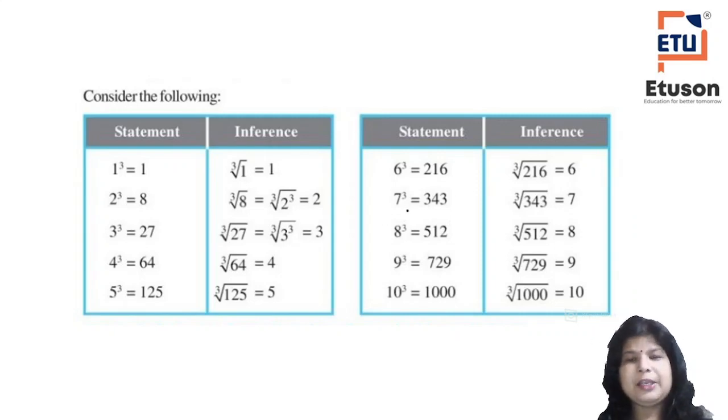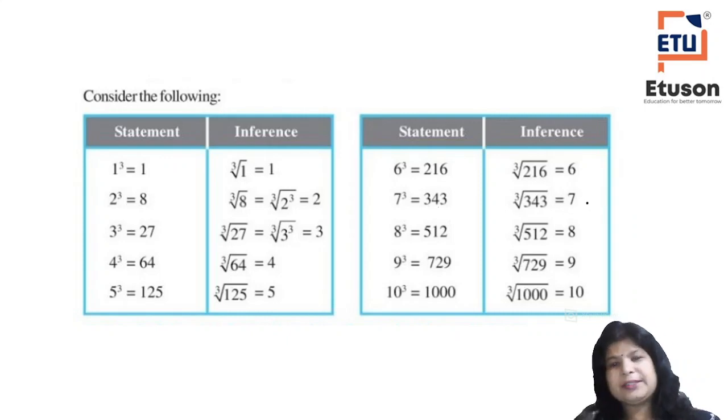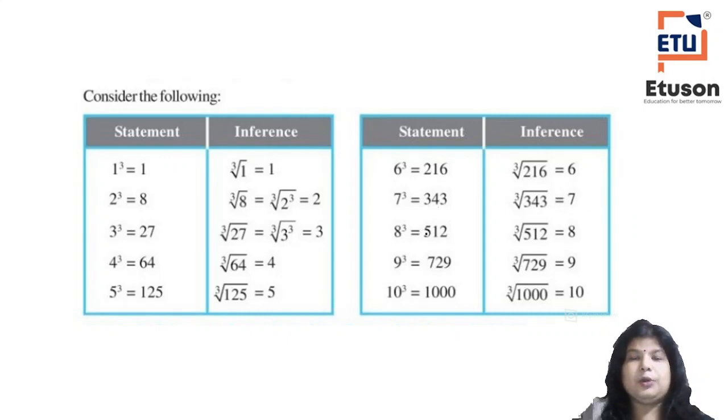Okay. 7 cube is equal to 343, so cube root of 343 will be equal to 7. 8 cube is equal to 512, and the inverse of this, that is cube root of 512, will be equal to 8. 9 cube is equal to 729, so cube root of 729 will be equal to 9. 10 cube is equal to 1000, so cube root of 1000 will be equal to 10.